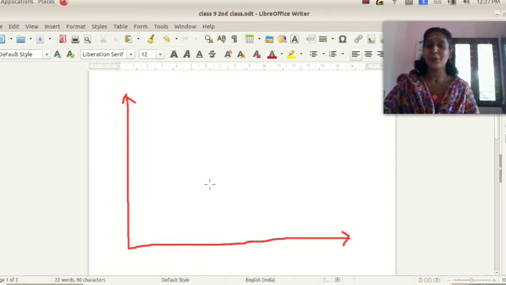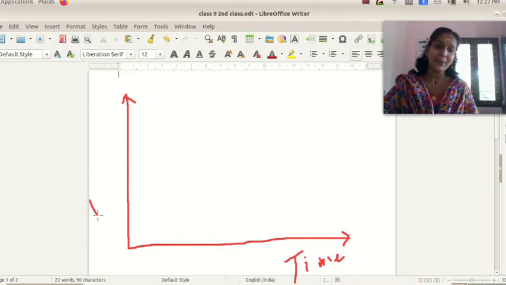Now we are going to mark the values. Here in x-axis we take time, isn't it? In the y-axis we take position.